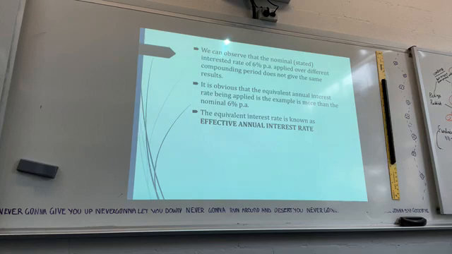So now we can observe that the nominal or stated interest rate of 6% applied over different compounding periods does not give the same results. It is obvious that the equivalent annual rate being applied in the example is more than nominal 6%. It's actually more than 6% because we are doing compound interest.